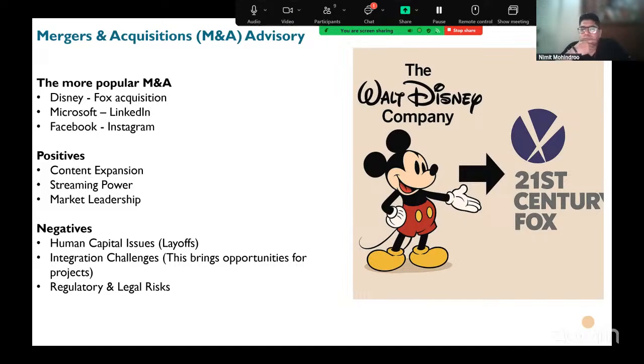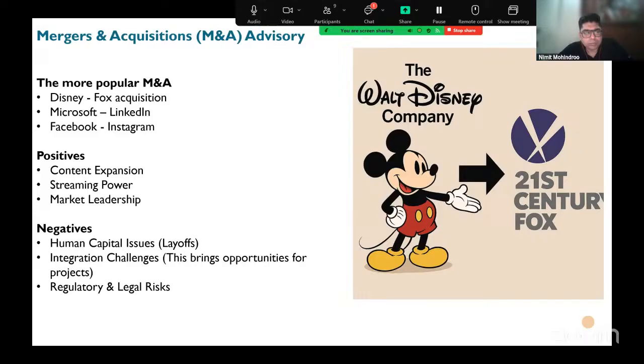And now they can also be a market leader in that space. It's not working as much if we look at the Disney brand, but if we look at all other acquisitions that have gone on under Disney, we can see how much of a market leader they are.